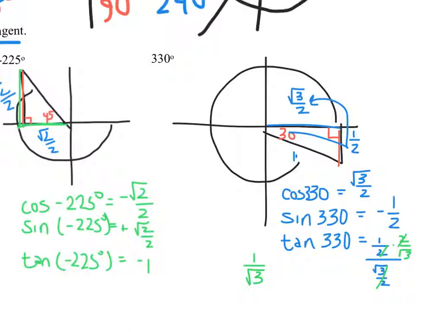And now I want to rationalize this. So this is going to be root 3 on the top and the bottom. It's going to be root 3 over 3. Because the sine is negative and the cosine is positive, the tangent's going to be negative because there's going to be a negative divided by a positive.